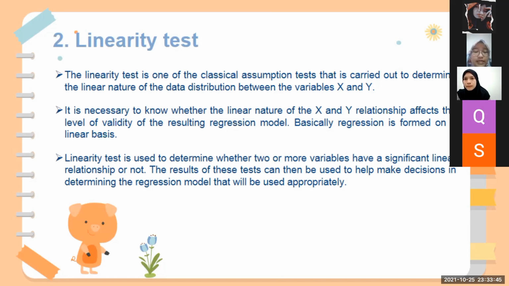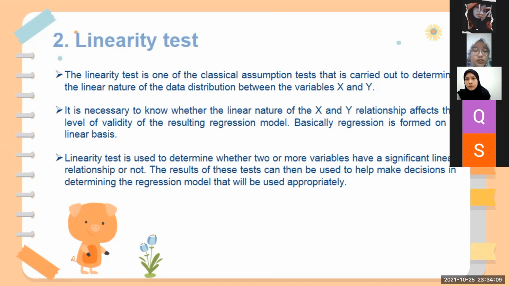It is necessary to know whether the linear nature of the X and Y relationship affects the validity of the resulting regression model. Basically, regression is formed on a linear basis.